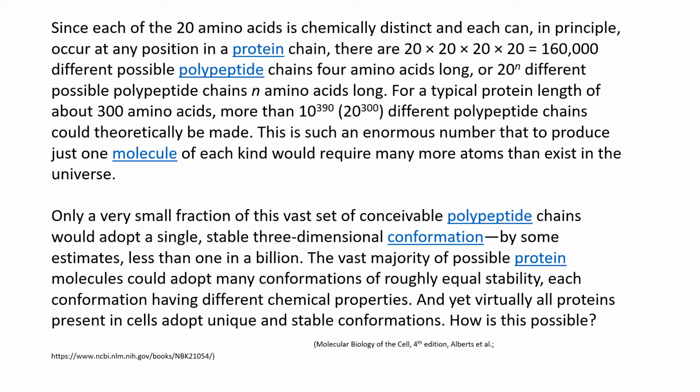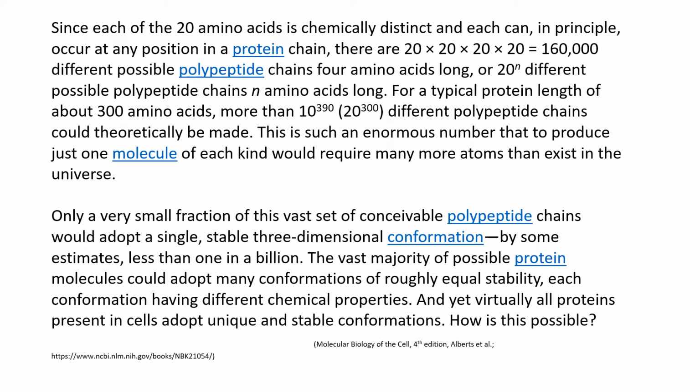The vast majority of possible protein molecules could adopt many conformations of roughly equal stability, each conformation having different chemical properties. And yet virtually all proteins present in cells adopt unique and stable conformations. How is this possible? And that really is the information enigma.